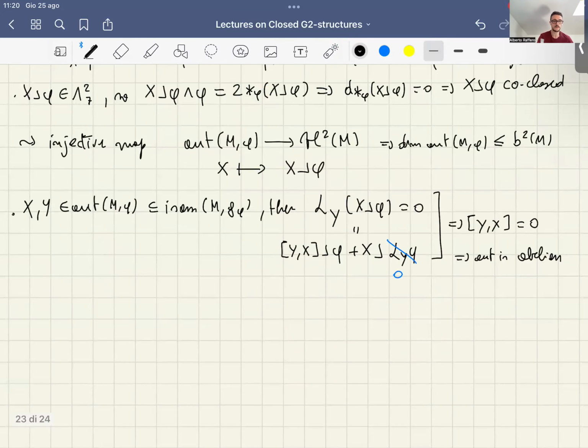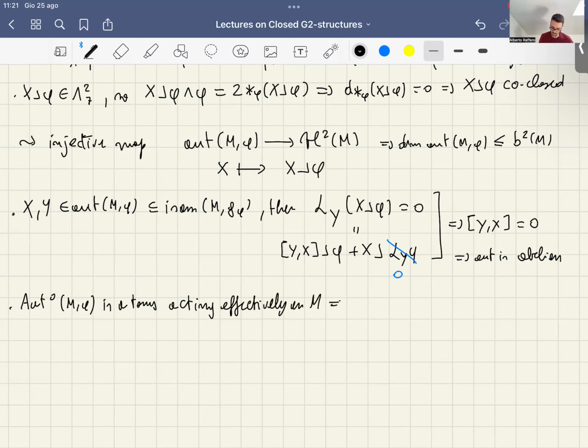So now, let me just say this, and then if you are interested in the complete proof, you may refer to the paper. What you have now is that the identity component of the automorphism group is a torus, since it is a compact abelian Lie group, and it acts effectively on the manifold.